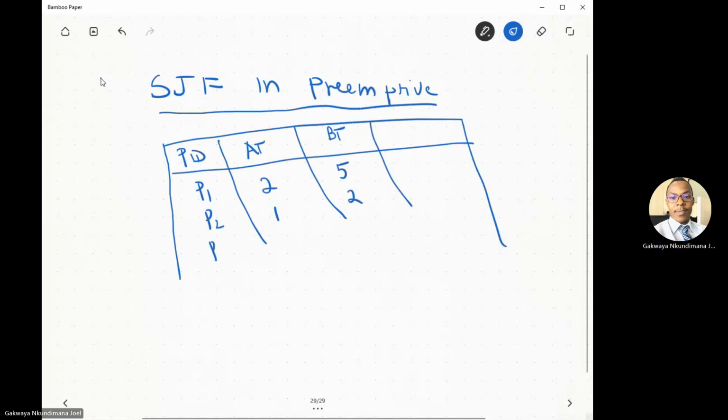Process P3: arrival time was 0, and the burst time was 3. Process P4: arrival time was 4, and burst time was 1.